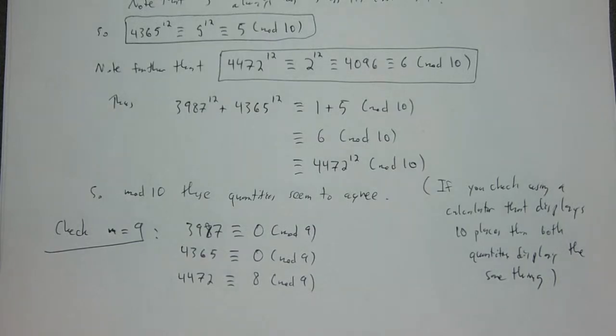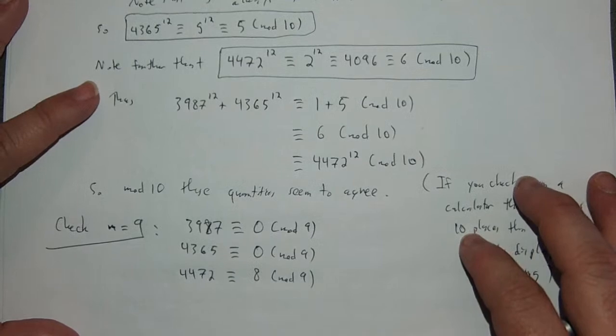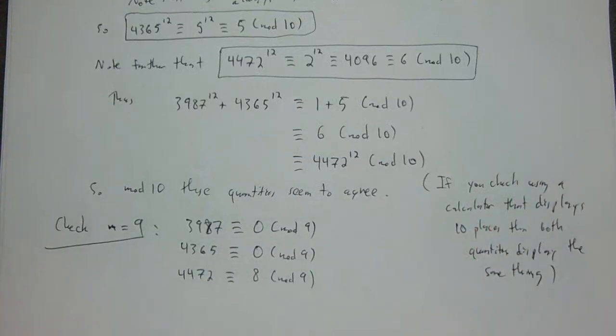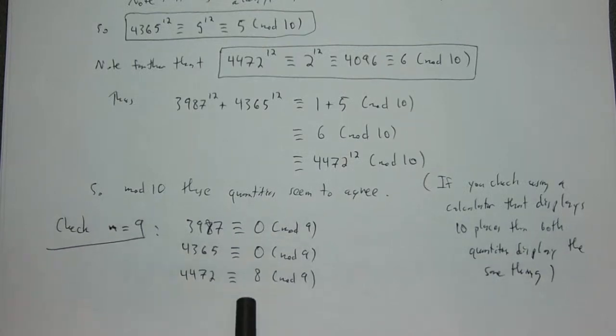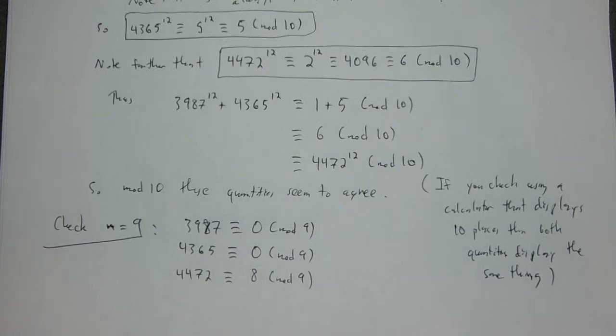All right. Now, note, this is something that is done frequently. I'm computing mod 9. 8 is like the biggest a digit can be mod 9, right? If you're thinking of number bases, then the biggest digit you can have in base 9 is 8.